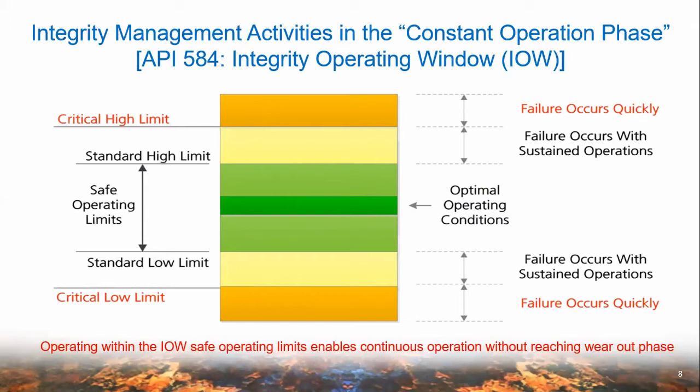If the pipeline is operated at standard high or standard low levels, away from the optimal conditions, then failure will occur if we sustain the operation at those levels. Finally, if the pipeline operates at critical high or critical low levels, far away from the optimal conditions established, the failure will occur quickly.